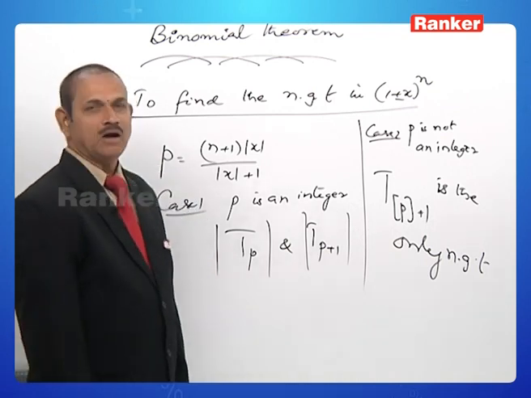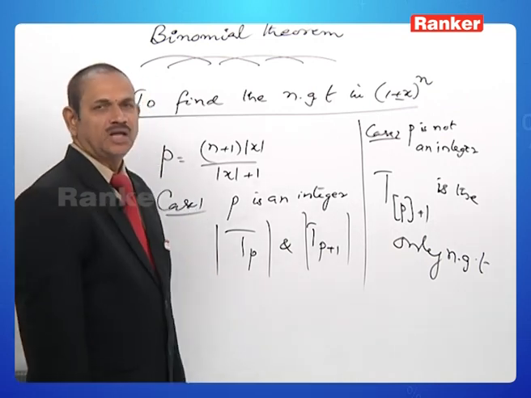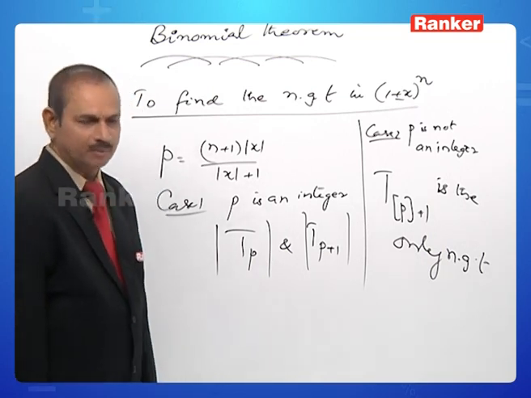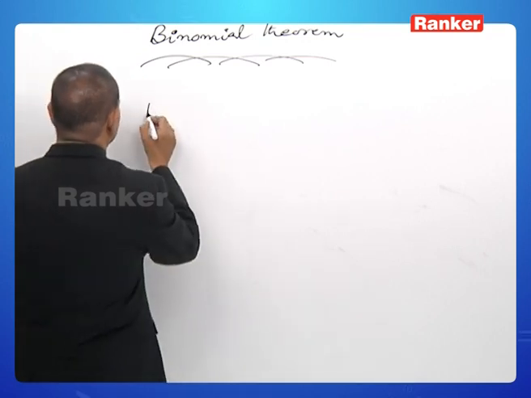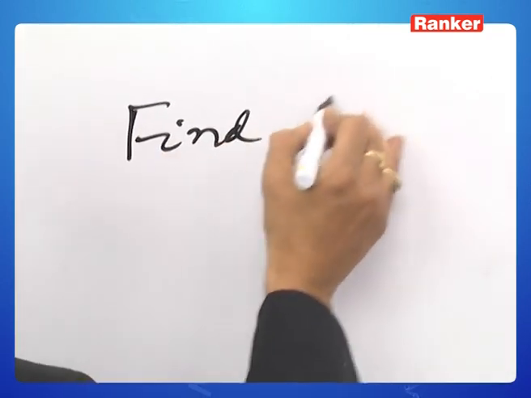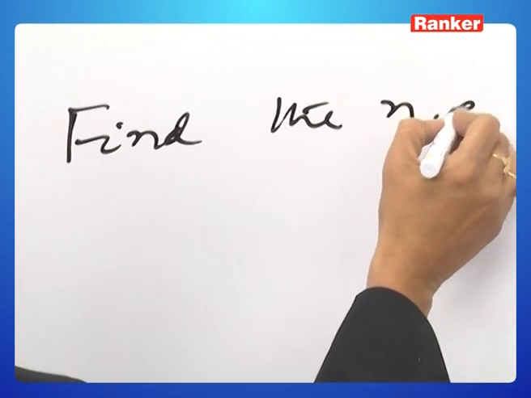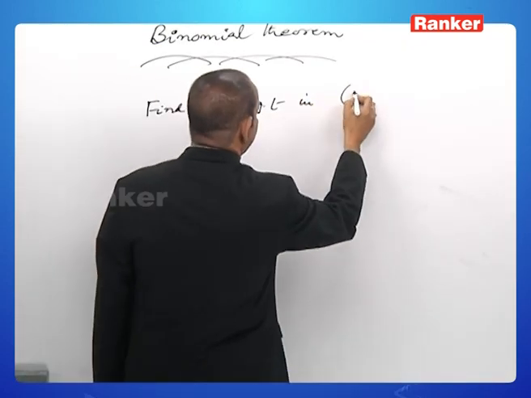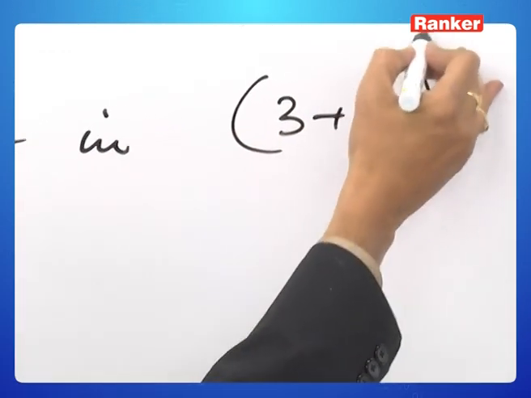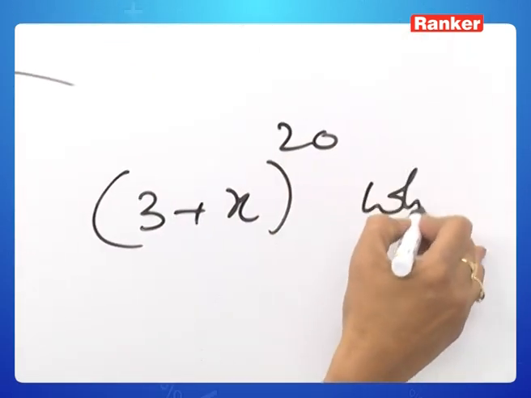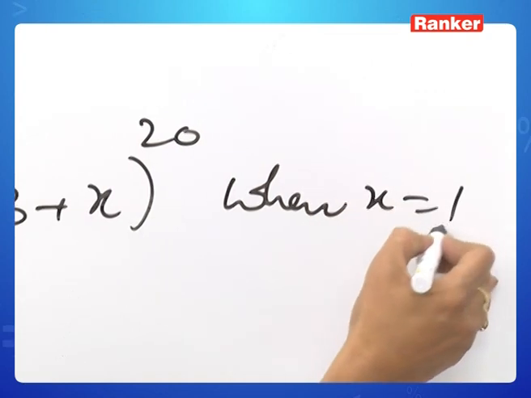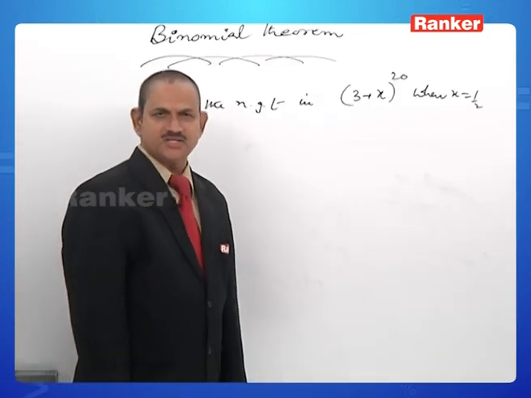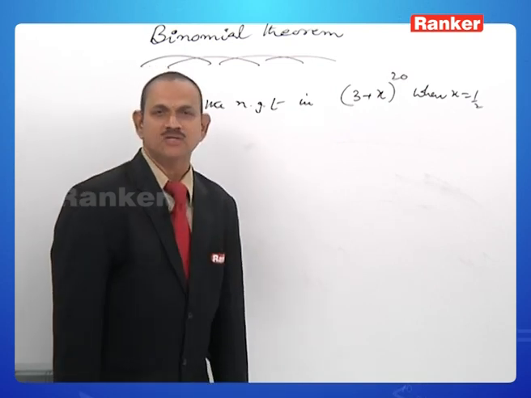Let us now observe the concept with the help of a beautiful numerical example. Find the NGT in (3 + x) to the power of 20 when x is equal to 1 by 2. Let us find the numerically greatest term in the expansion of (3 + x) to the power of 20.